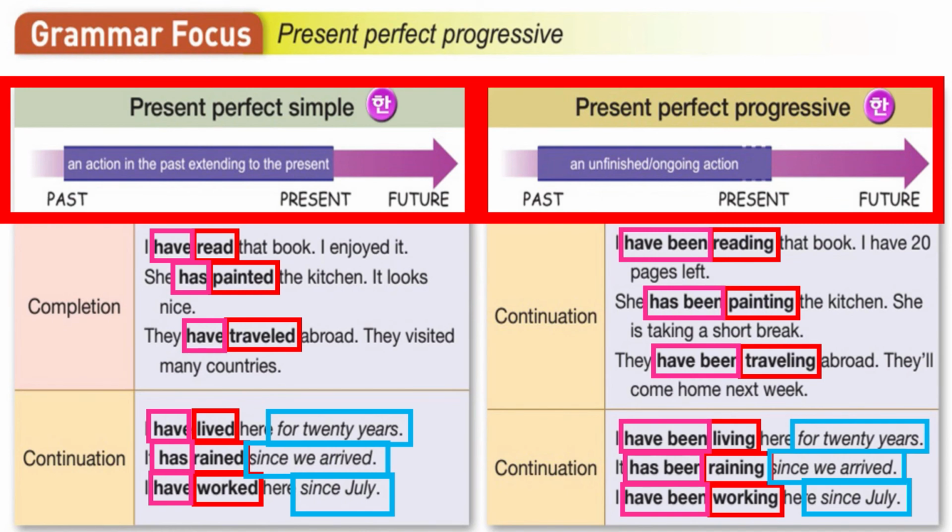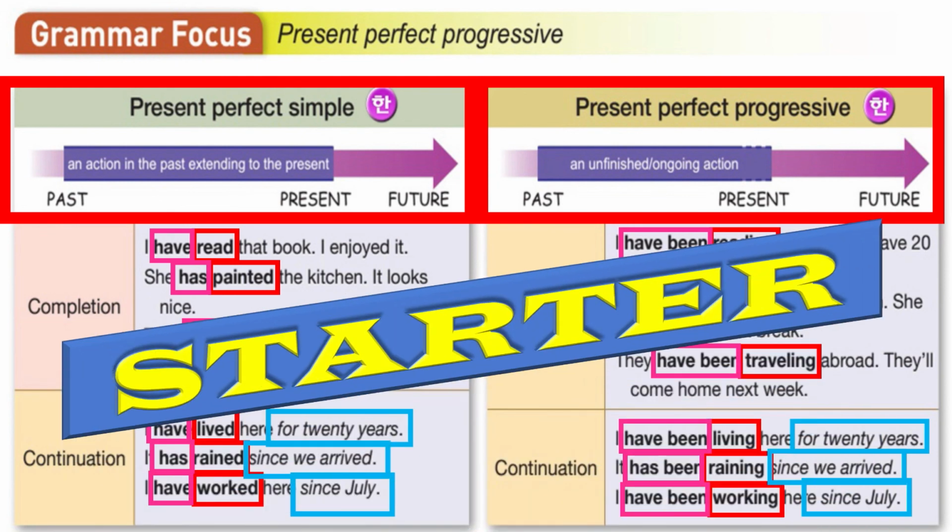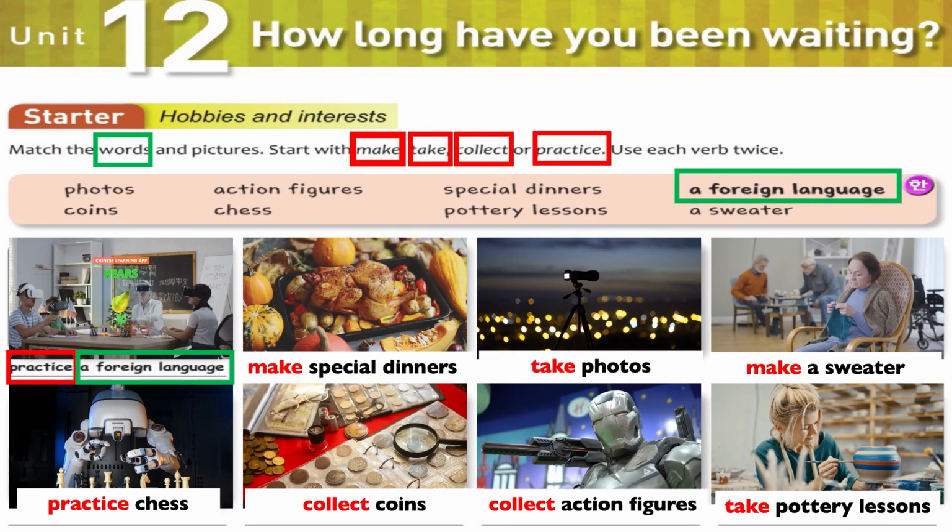Present perfect progressive uses the main verb with ing and the auxiliaries have or has been, and talks about things that started in the past and should continue into the future. Notice present perfect simple is only completed in the past, and yes, it uses a time expression. Continuation with the present perfect progressive uses the ing plus the time expression to show it's going to continue after this moment in time.